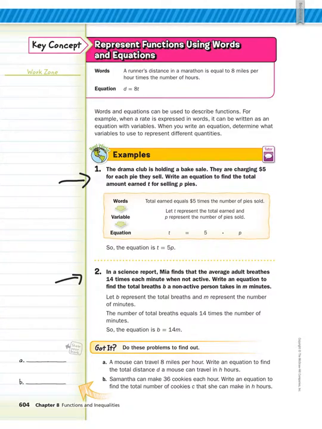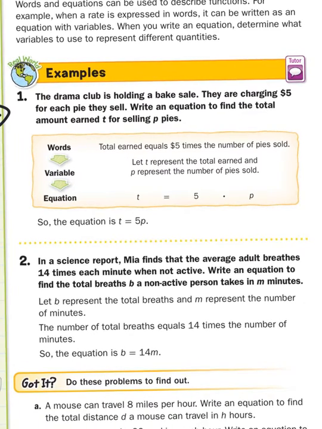So in example 1, it says the drama club is holding a bake sale. They are charging $5 for each pie they sell. Write an equation to find the total earned T for selling p pies. Alright, so here's how you know what to start your equation with. When it says write an equation to find the total amount earned T, whatever they are asking you to find, that's how you start your equation.